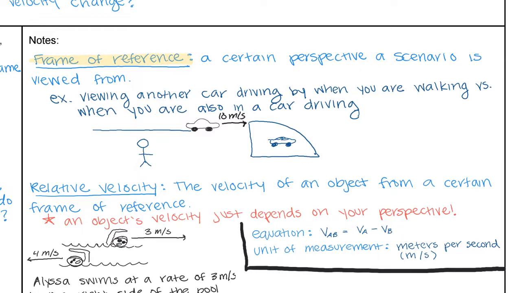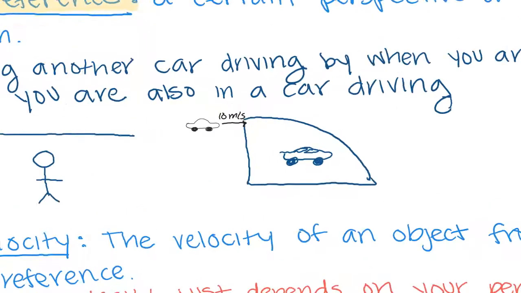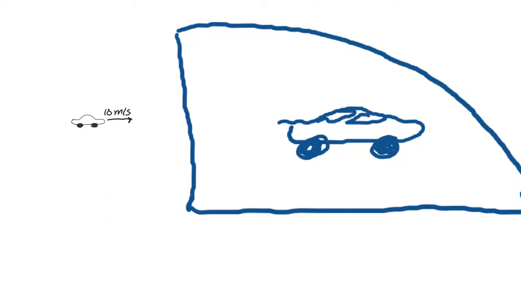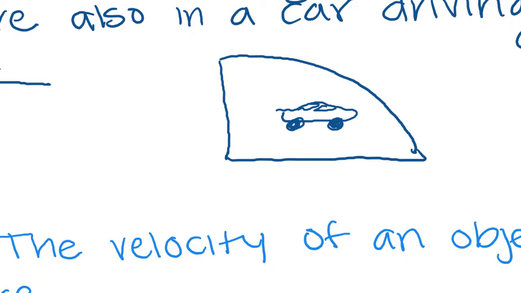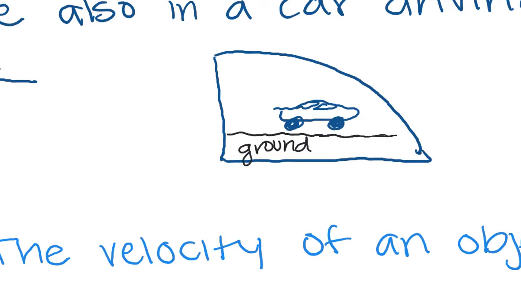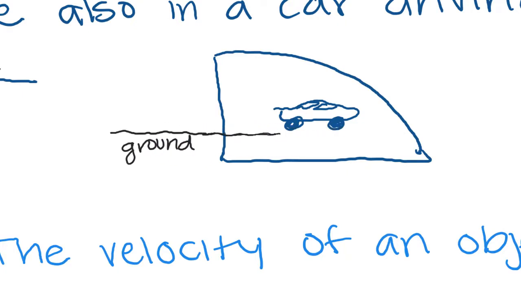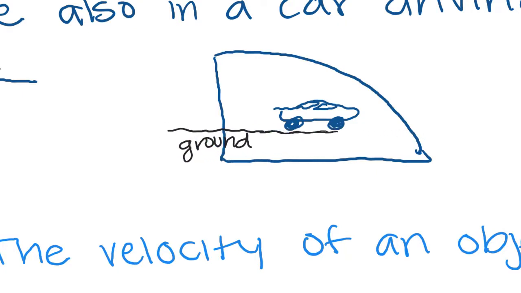In contrast, say that you are in the car. You're in the car and you see another car moving around on the highway. So let's say we are in the car here. Let's zoom out a little bit. So when you are in the car, that car is going to be looking like it's not really moving, right? You are moving kind of at that same rate as the car, but now that ground that the car is moving on is going to look like it's moving really fast.